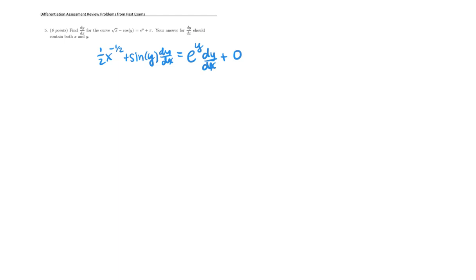Now I want to solve for dy dx, so let's subtract things around and move things. So I'll get sine y dy dx minus e to the y dy dx is equal to negative 1/2 x to the minus 1/2.